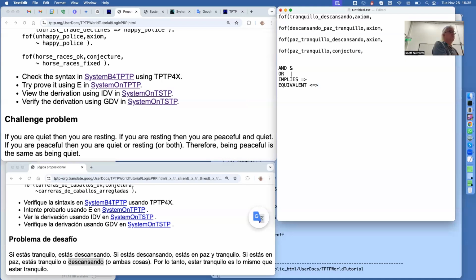Yeah, the bar. Yeah, I don't know where it is on the Spanish keyboard.